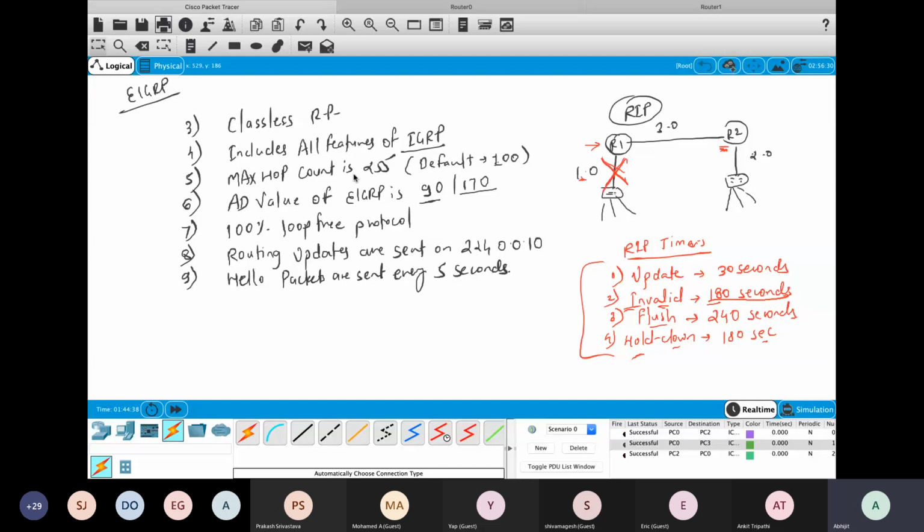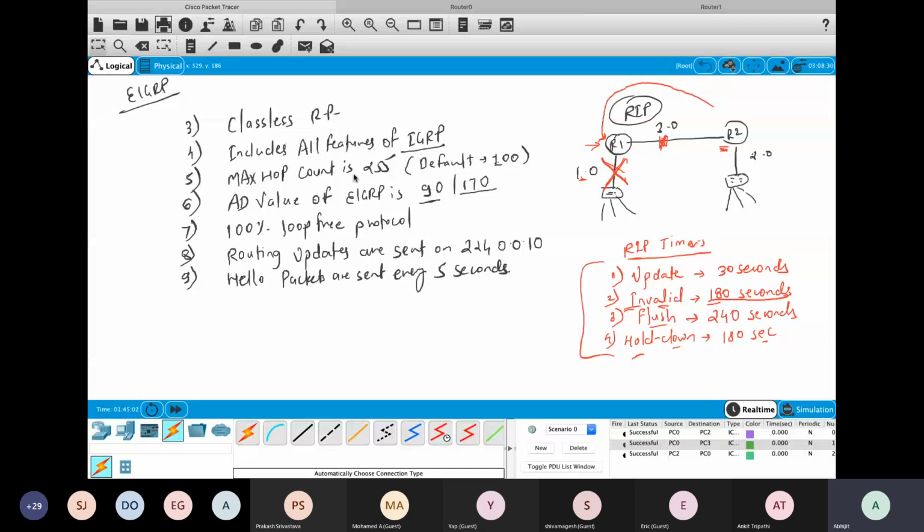It is also possible that this route is not available and R2 is connected with R1 through some other route. So there can be multiple scenarios to understand how each of these timers is affected, but you will learn about that in CCNP. For now, just consider that these are the timers of RIP.